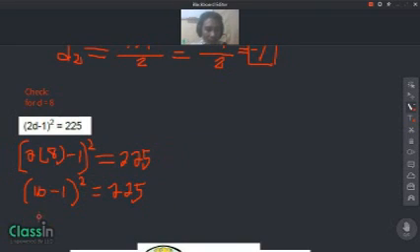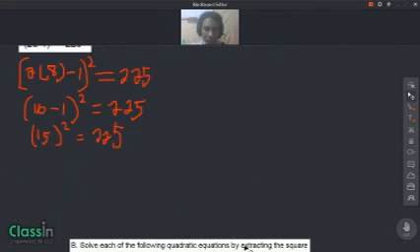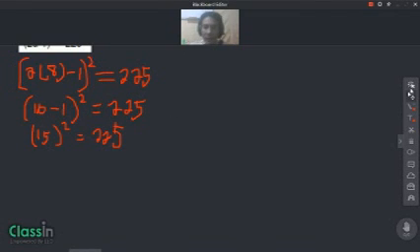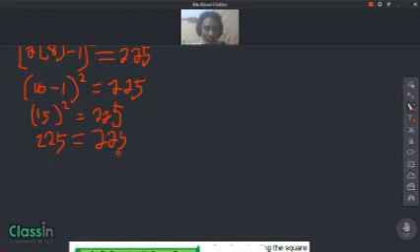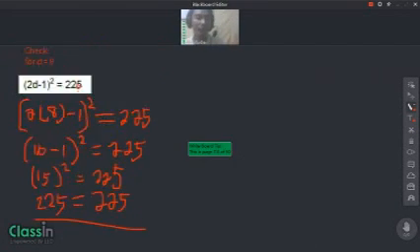So 16 minus 1 is 15 squared equals 225. So 15 times 15 is 225. Okay, so the value of d, which is 8, satisfies our quadratic equation.